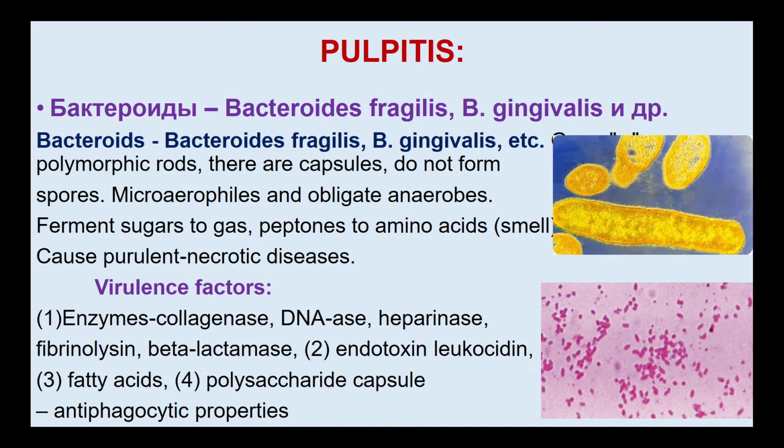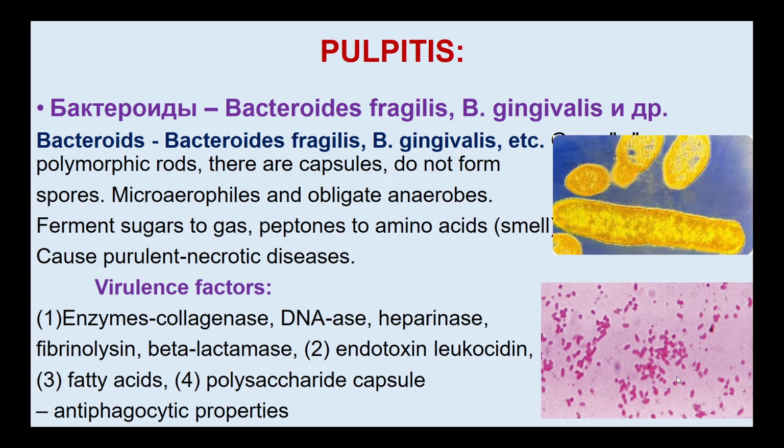The next bacteria, which we did not discuss previously, are Bacteroides: Bacteroides fragilis, gingivalis. They are gram-negative rods, capsulated, do not form spores, as you can see in this picture, but they stain poorly by Gram staining.